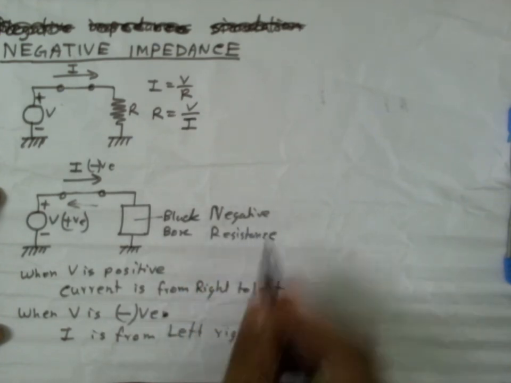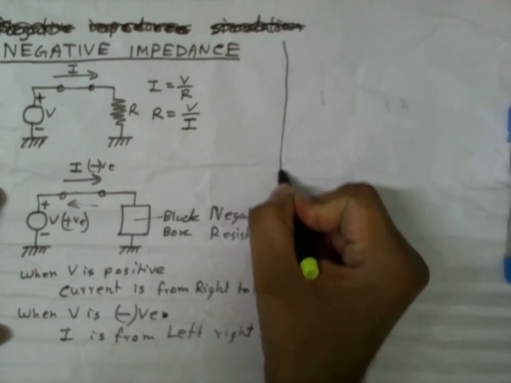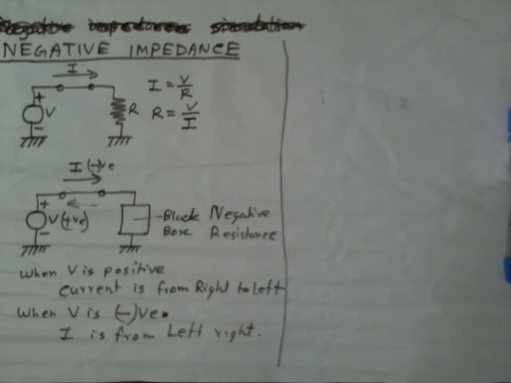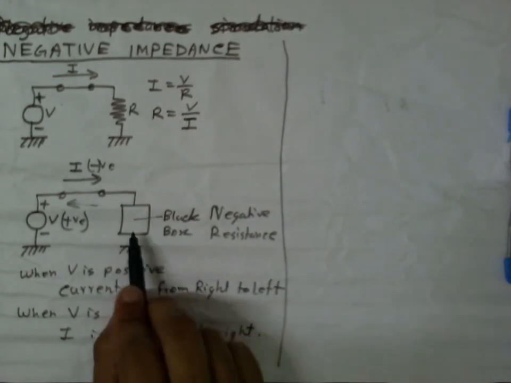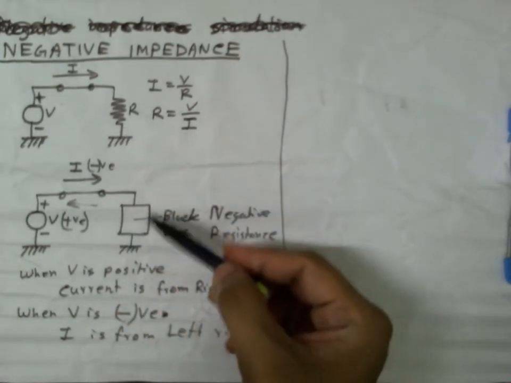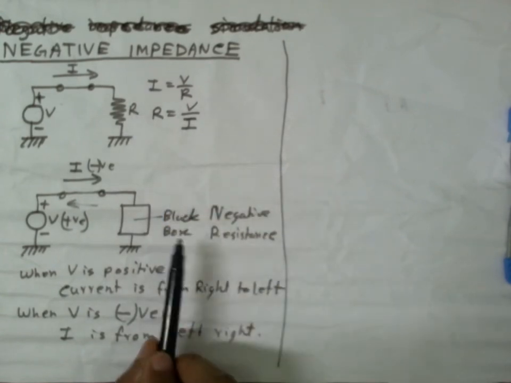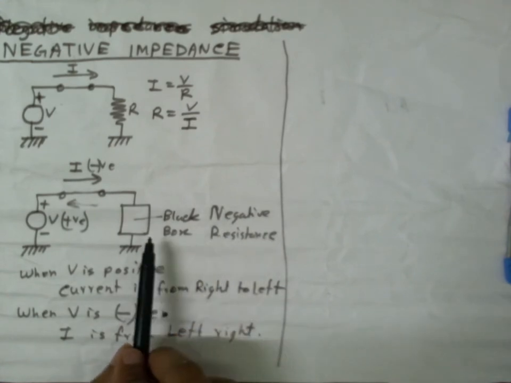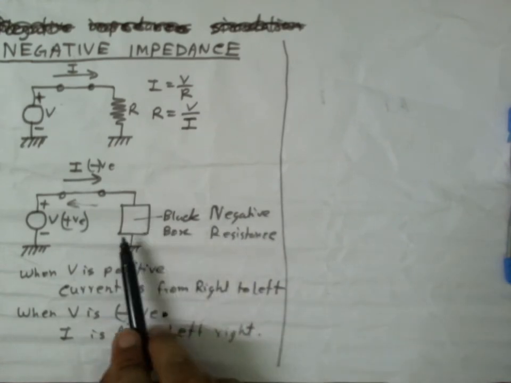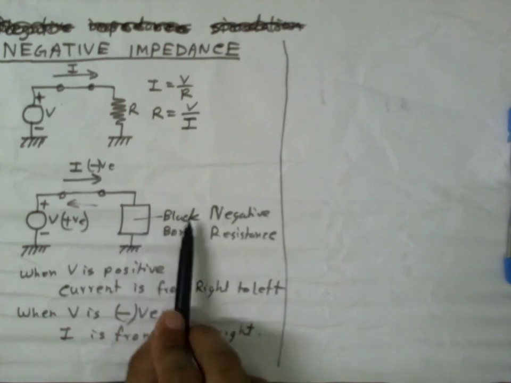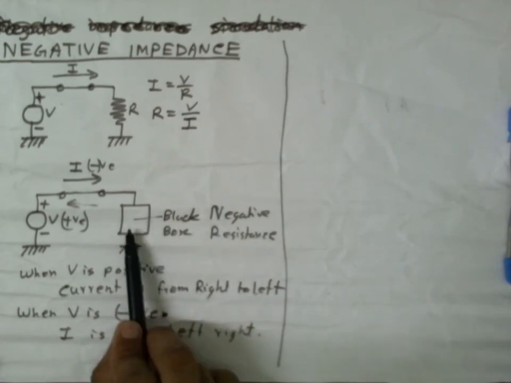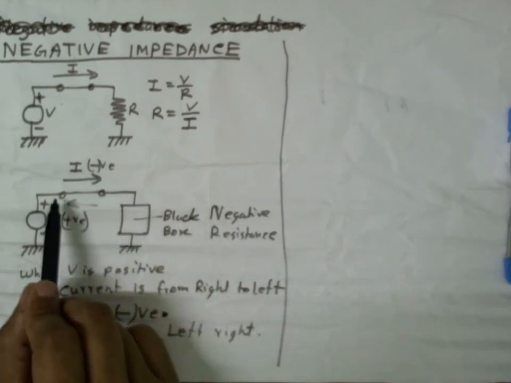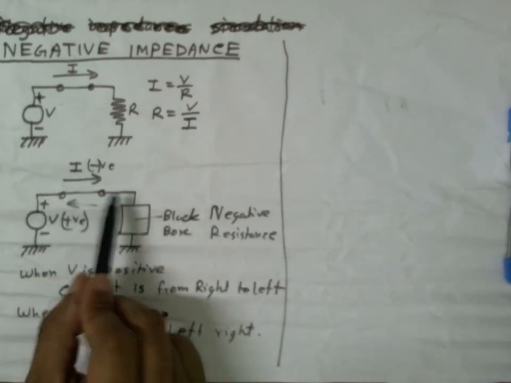Okay, now let's see how we can do that. Let's see the philosophy, how we can do that. Definitely this is not going to be an ohmic resistance like this, so this cannot be a piece of metal or piece of graphite or any conductor, because if we use any passive element like that, then definitely when this potential is positive, current must flow from left to right.